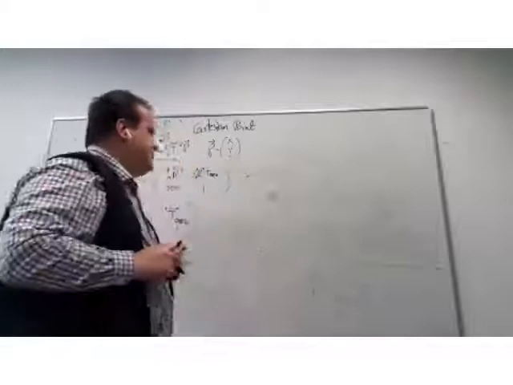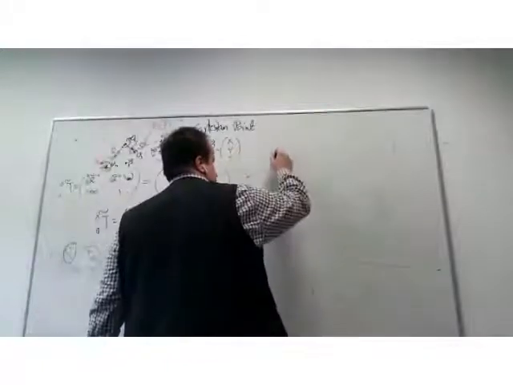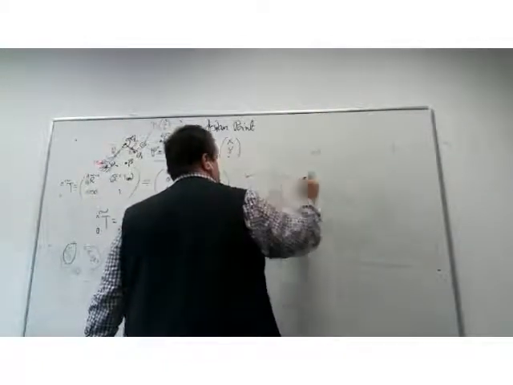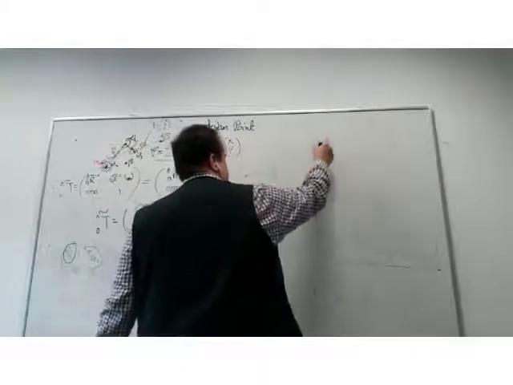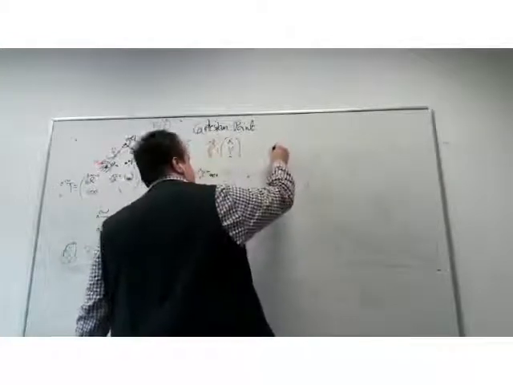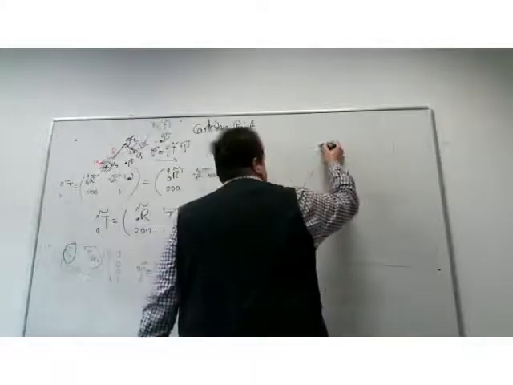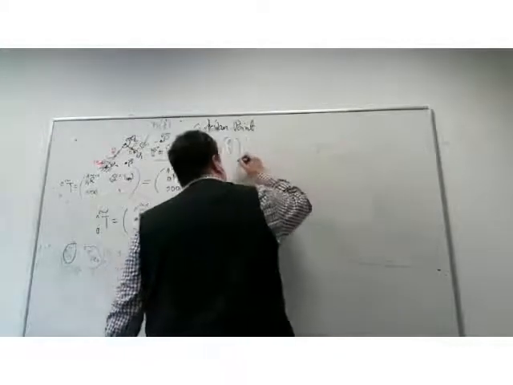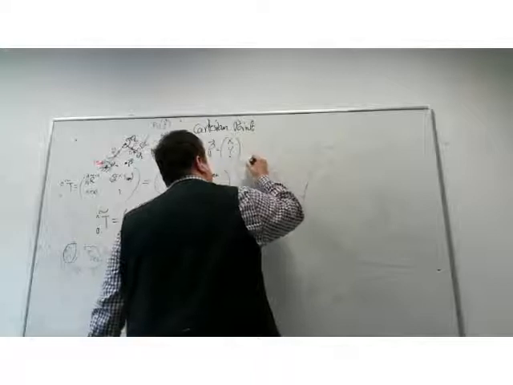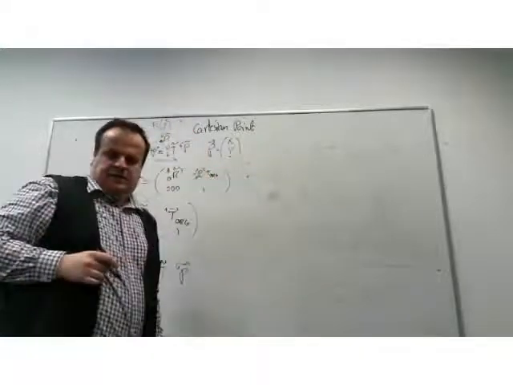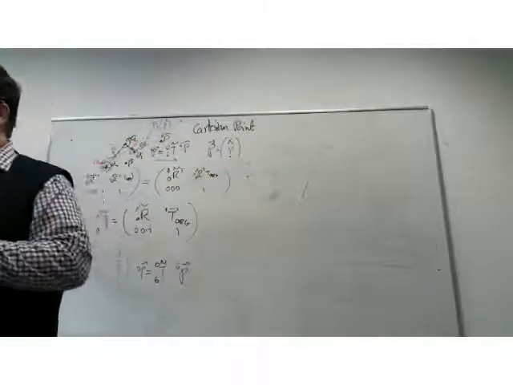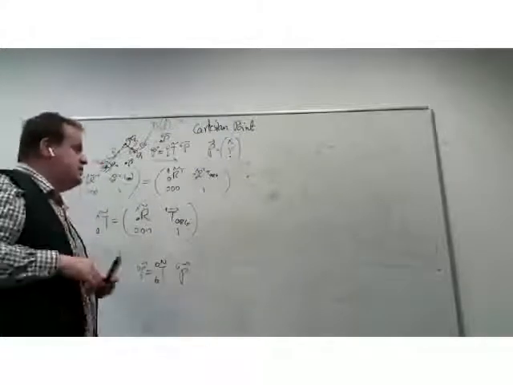Let's assume we have rotational axes, so there is some rotational axis here, there is some rotational axis here. So this is the axis Z i, and this is the axis Z i plus 1. This is the axis Z i minus 1.